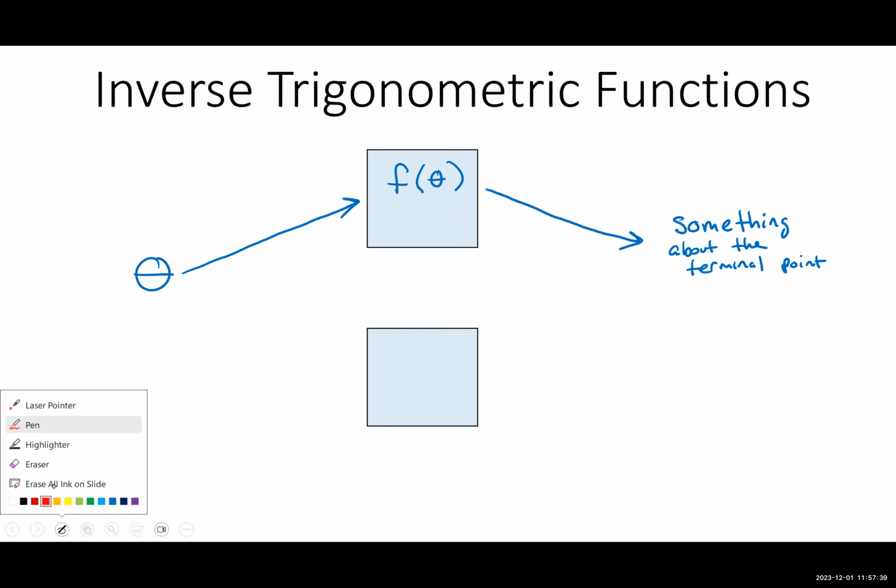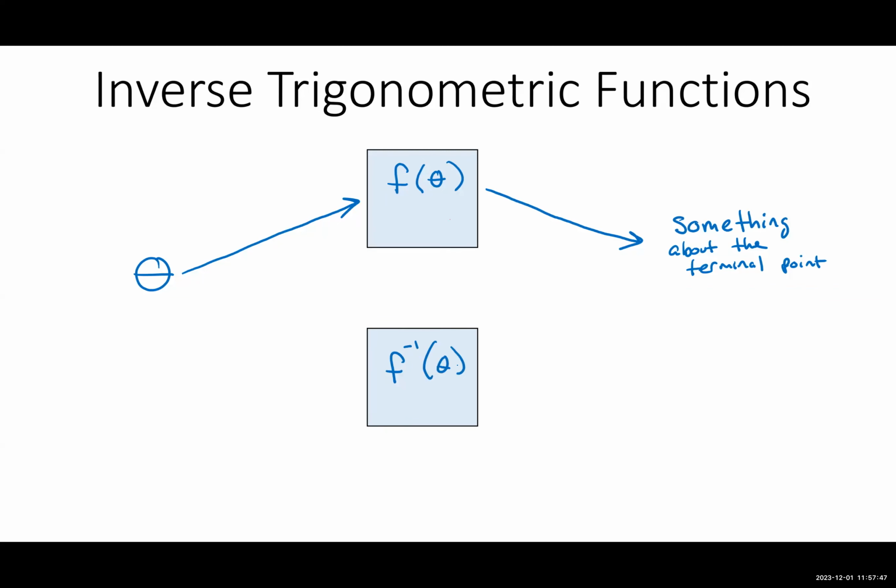Well, if we're going to talk about the inverse trig functions, well, then the input could be something about the terminal point, and the output should be the angle. Remember, the inverse function reverses or undoes what the original function does.